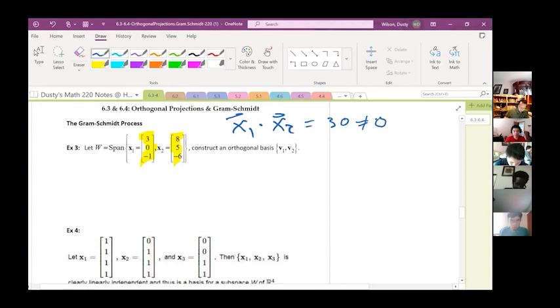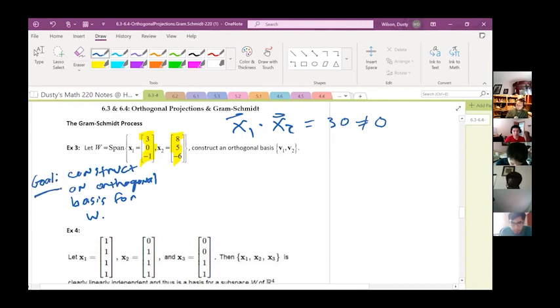Okay. So we are going to construct an orthogonal basis for W. This is what our goal is.